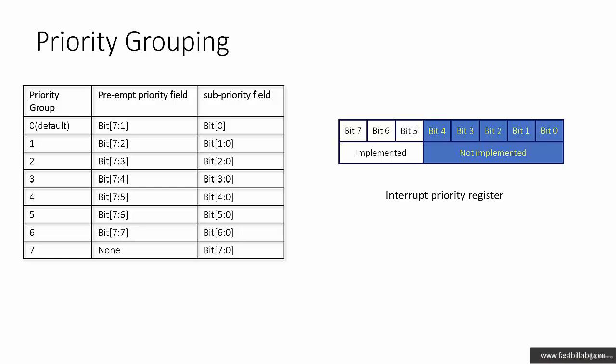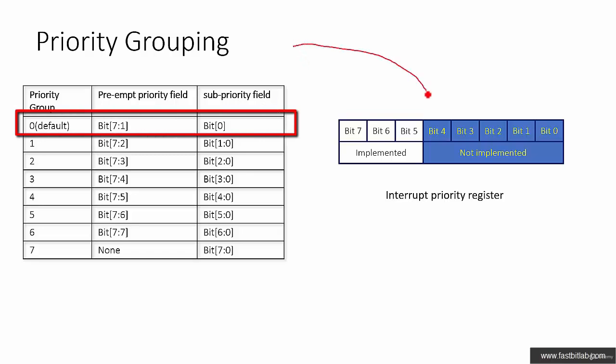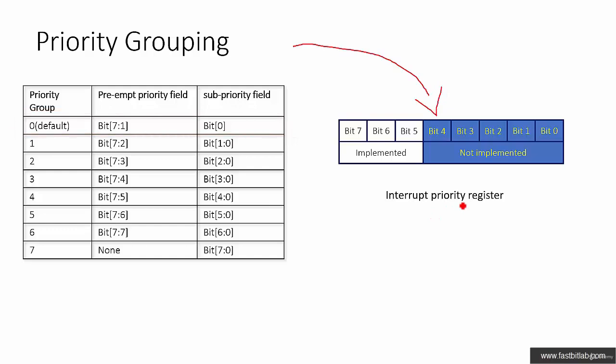Based on preempt priority and subpriority, we have priority groupings. There are various priority groups, and by default in the ARM Cortex-M processor, the priority group is 0. Priority group depends on the usage of this interrupt priority register. It's very simple to understand. Let me explain. As I said, the default priority group is 0.